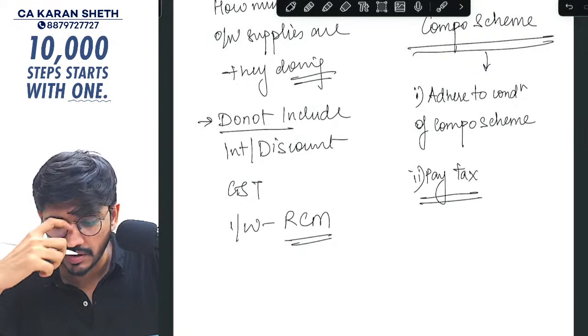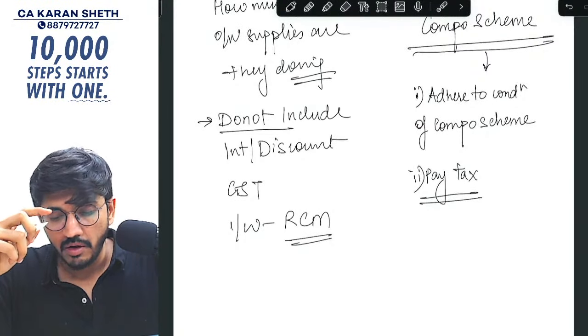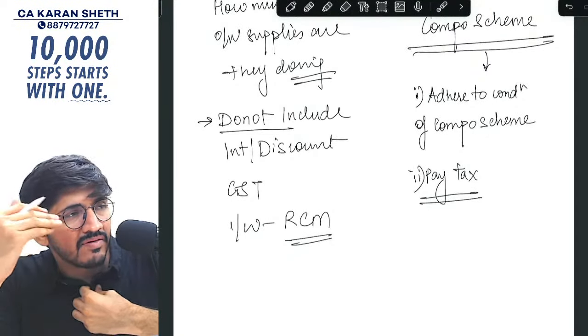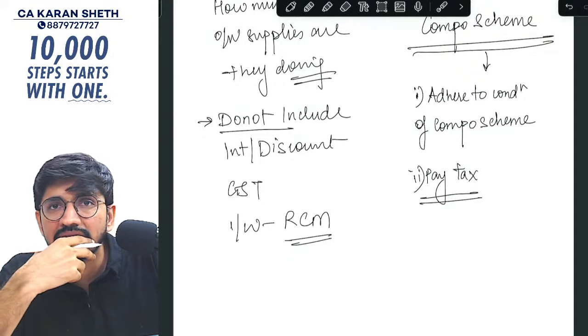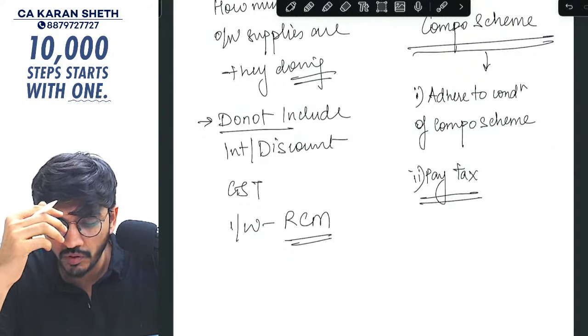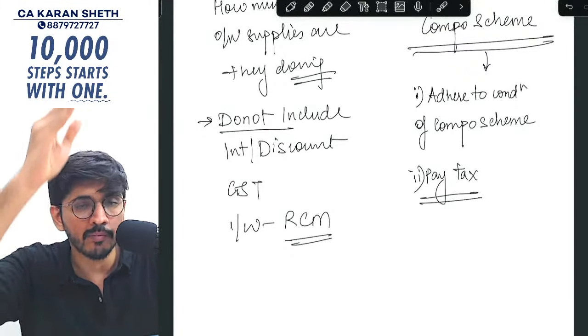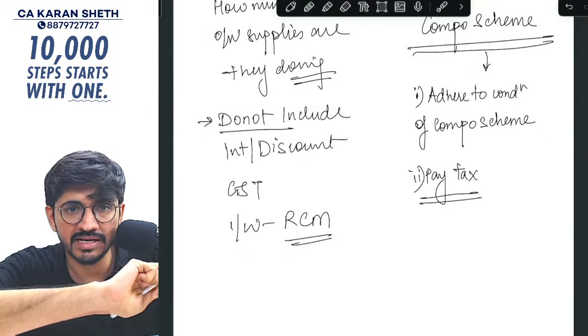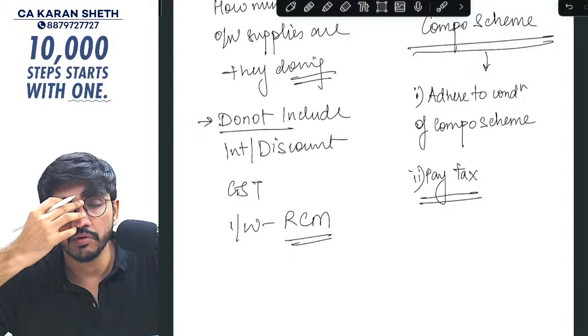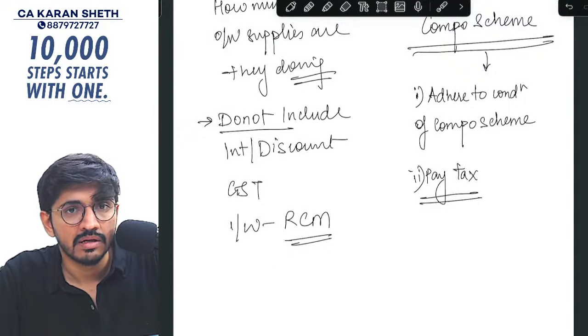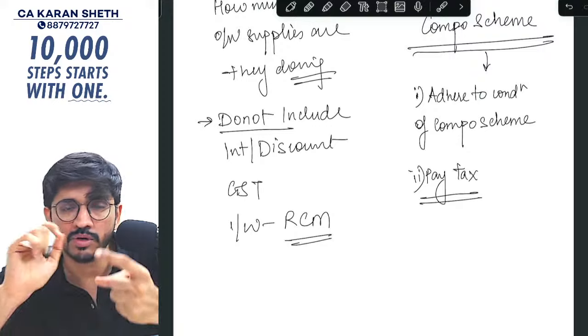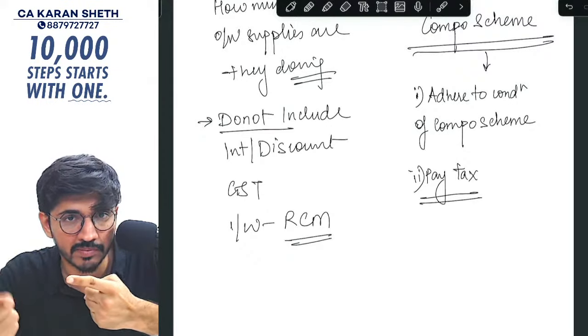Very simple, right? Now first things first, please try and understand that according to section 10 subsection 2 there are a few conditions, and only when you adhere to those conditions can you stay in the composition scheme. Otherwise the compo scheme lapses and you will directly start with the normal scheme. Are you getting it? Yes. Okay, which are what? Very simple. You cannot make any interstate outward supply.